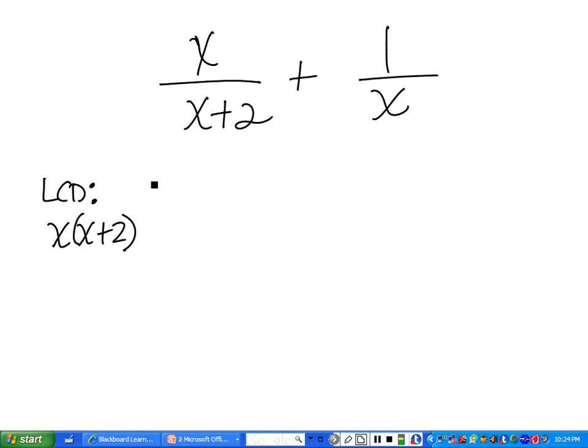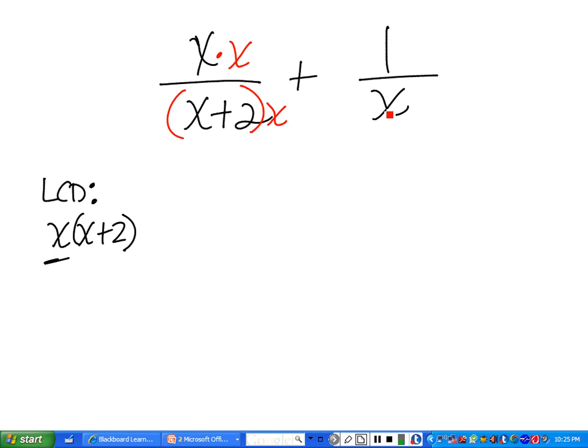I'm only missing the x here. So we will multiply top and bottom by x, and it really doesn't matter if you put the x behind the x plus 2 or in front of it. Multiplication is commutative. Therefore, x plus 2 times x is the same thing as x times x plus 2.